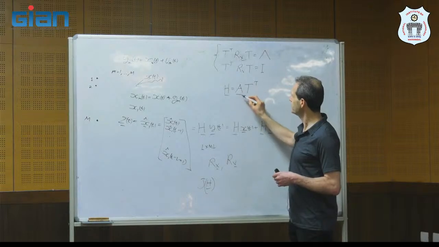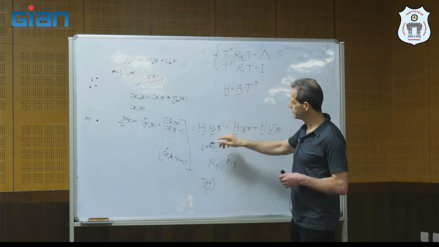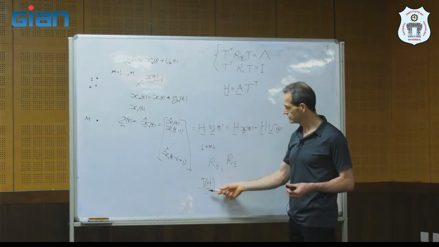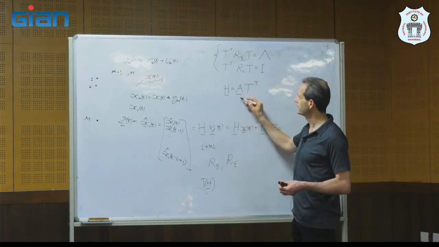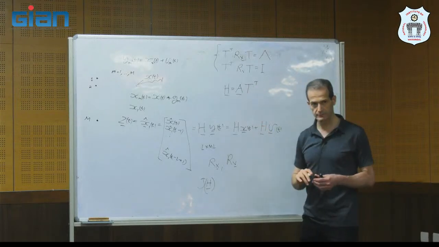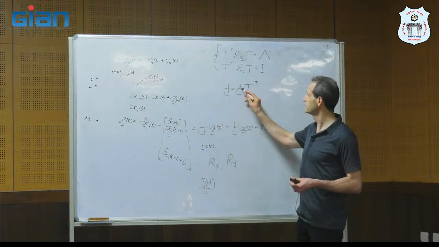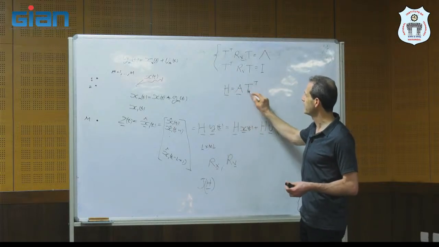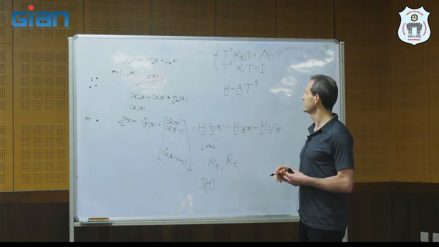So instead of formulating the performance measures as a function of H, we can formulate them as a function of A in the transform domain, because T is known. And once we find the optimal A, we can find the optimal H simply by multiplying with T transpose.